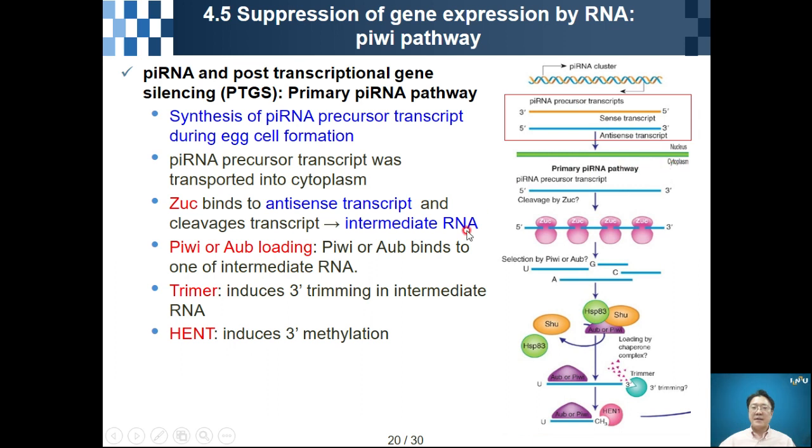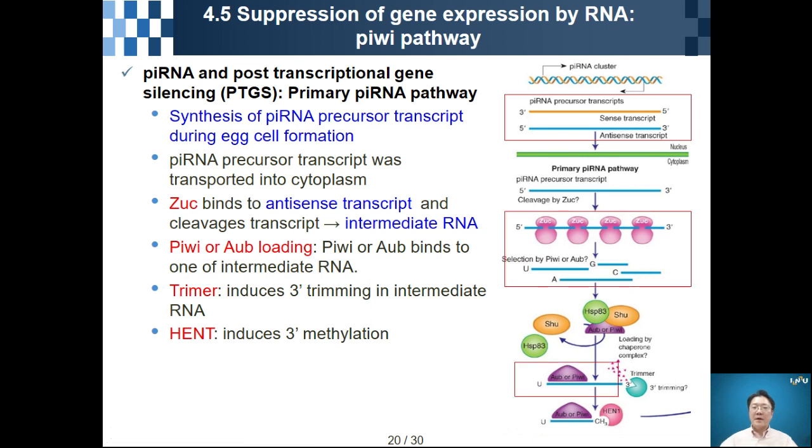So this is the cytoplasm. After that, Zucchini protein binds to the piRNA precursor transcript, especially the antisense transcript. It cleaves the transcript and makes intermediate RNA.